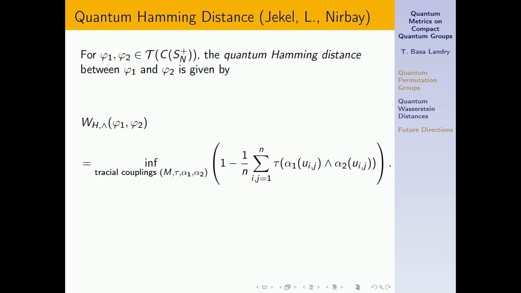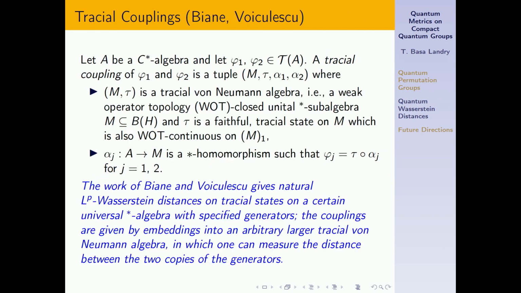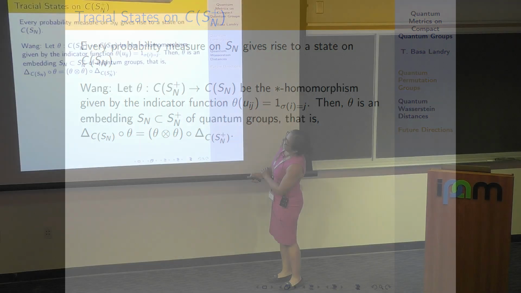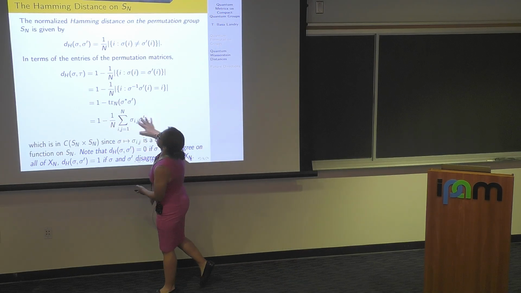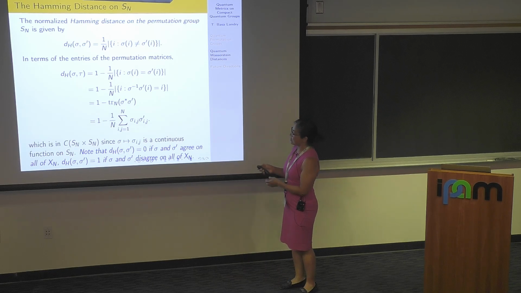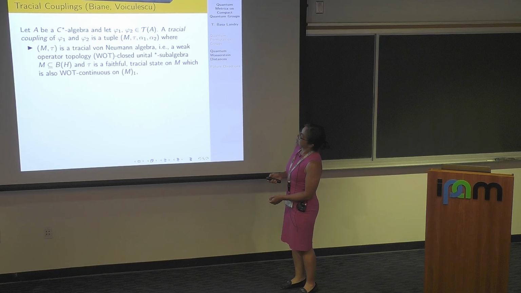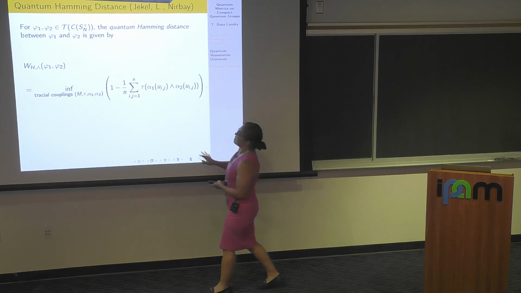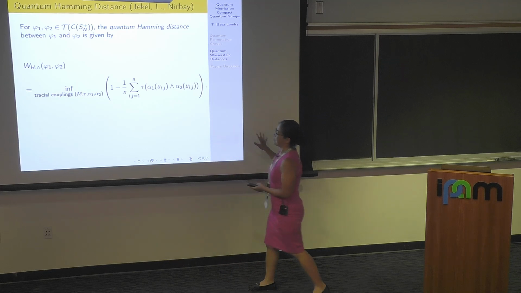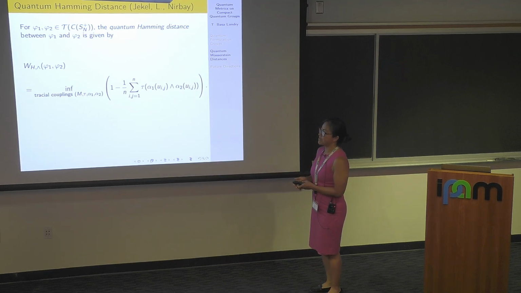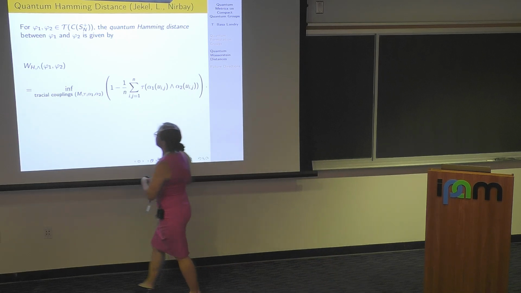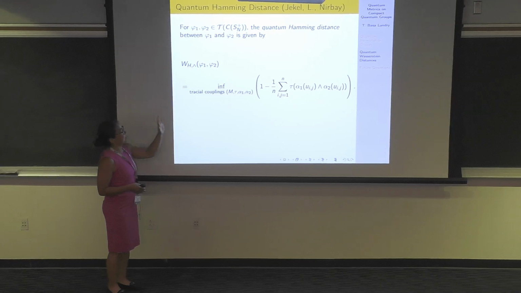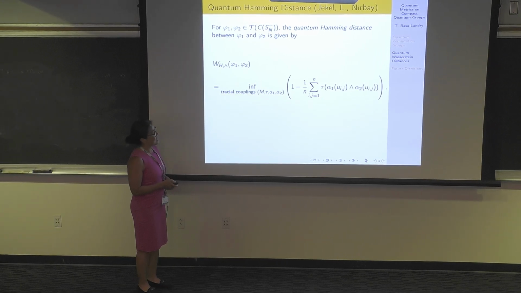Given two traces on a quantum permutation group, if you remember the structure of the normalized Hamming distance in the classical case, here we took the minimum of the projections, and we took the infimum over all the tracial couplings.